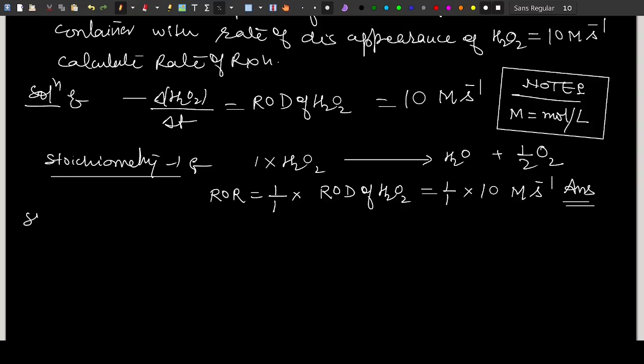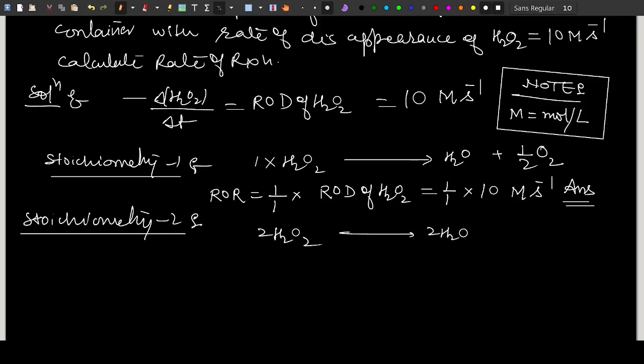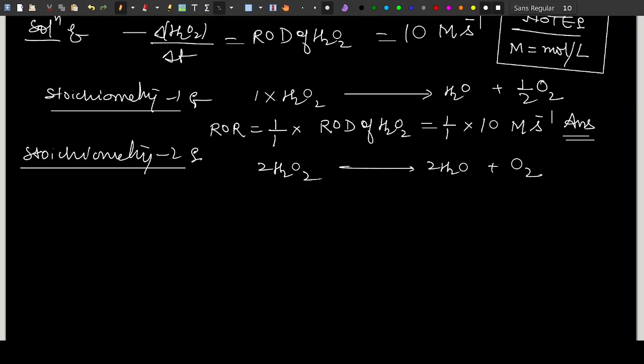Now I am changing the stoichiometry. Here 2H2O2 producing 2H2O plus O2. So friends, here we can say rate of reaction is equal to 1 upon 2 because the stoichiometric coefficient is now 2.